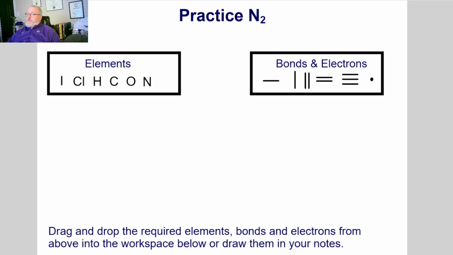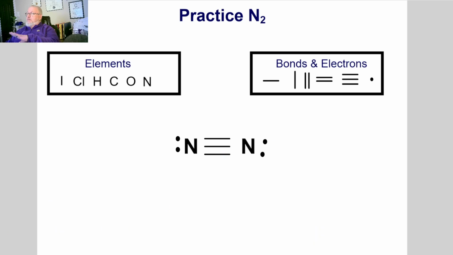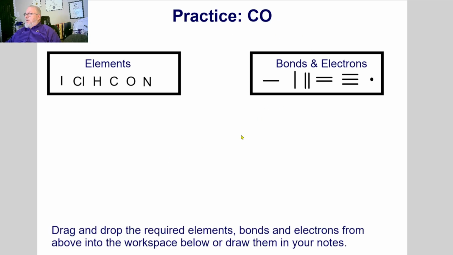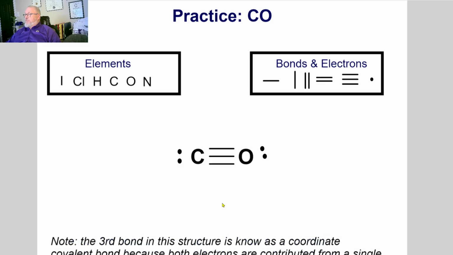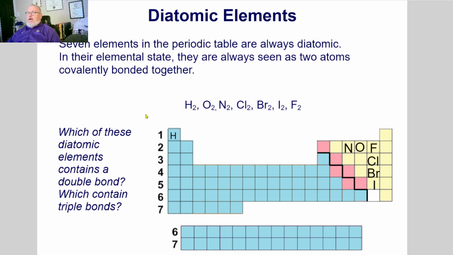We notice nitrogen, and after you do it, you'll see that it's got a triple bond. Carbon monoxide, you'll find that that has a triple bond also. And practice these. As we look at all of these, we see that they're diatomic.